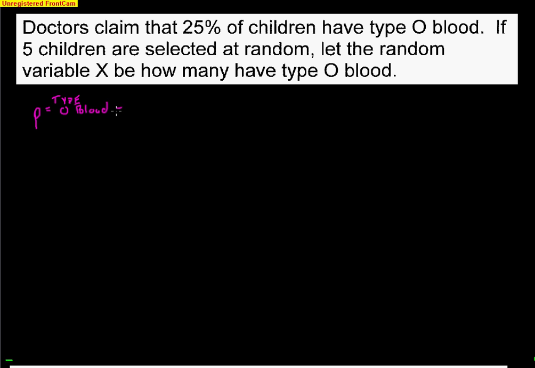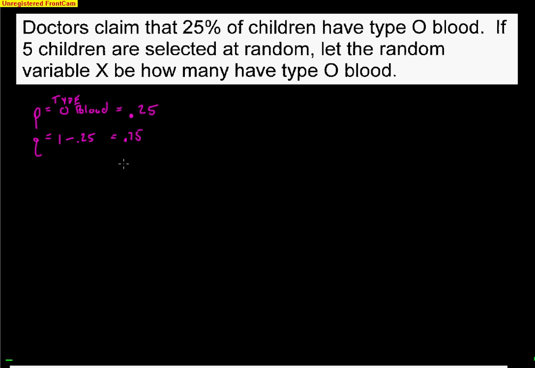That's success, and that would be 0.25. And anything else would be a failure. That would be q, 1 minus 0.25, which is 0.75. So our first condition is checked. This is binary. It's either going to be type O blood or not. Success or failure. 25% chance of type O blood, 75% chance it's not type O blood. So that is checked. That's very good.